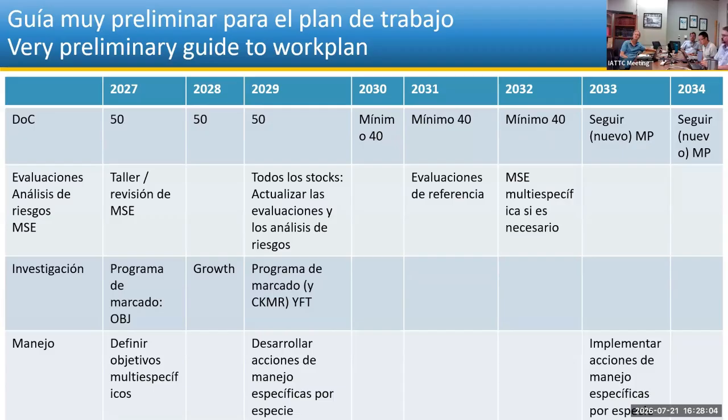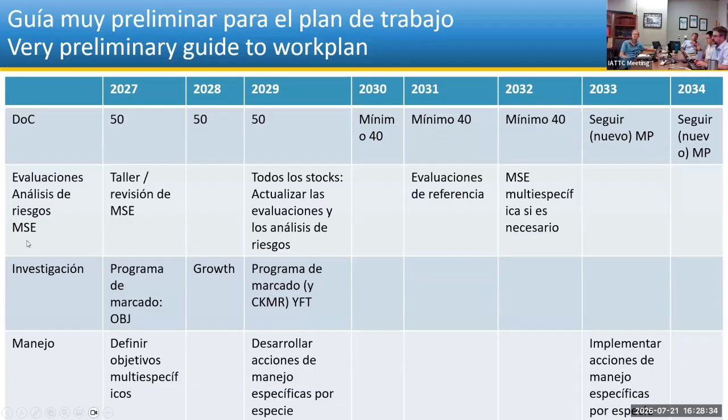So it may be more days of closure depending on the results from evaluating that. And then in 2033, which is the start of the third management cycle, we would implement the management procedure, and it could be a new one depending on the evaluations in the previous years.